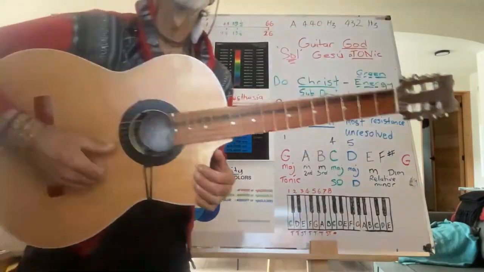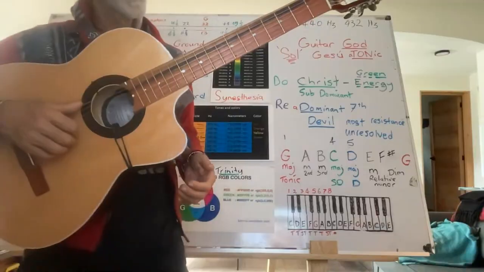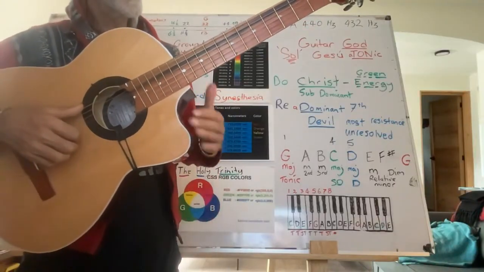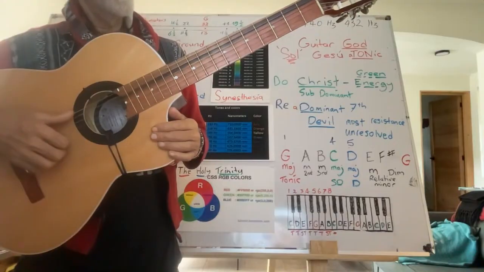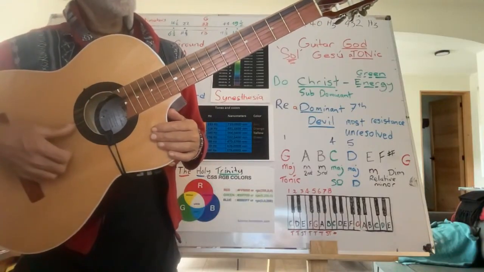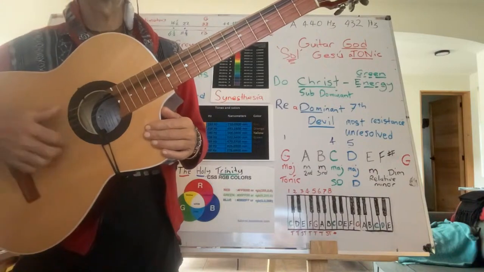Yeah, it's B. B and D. Okay, so let me do that again because I got a bit confused. I'm sorry. So we've got D, G, D, G, B, D. Okay?